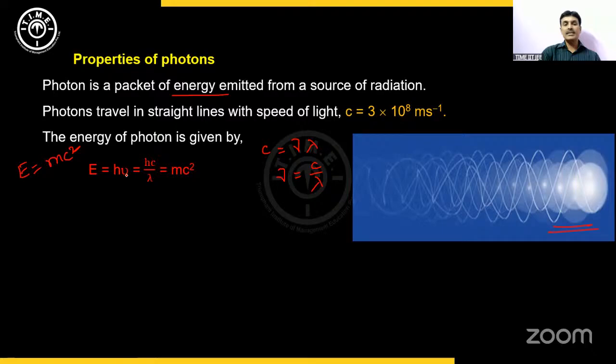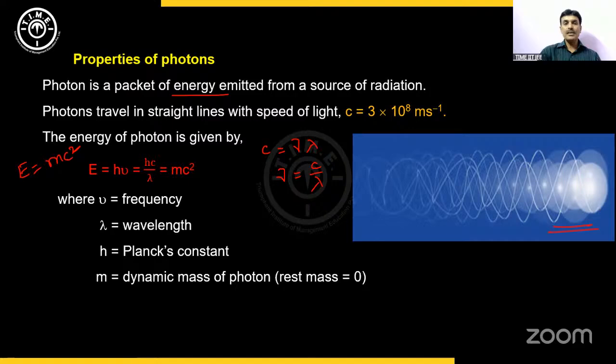So E is h nu equal to hc by lambda, or that can be taken as mc square, where m is the dynamic mass of the photon. The rest mass of the photon would become 0. Here nu is the frequency of radiation, lambda is the wavelength of radiation, h is Planck's constant, and m is the dynamic mass of a photon, whereas its rest mass is always 0.